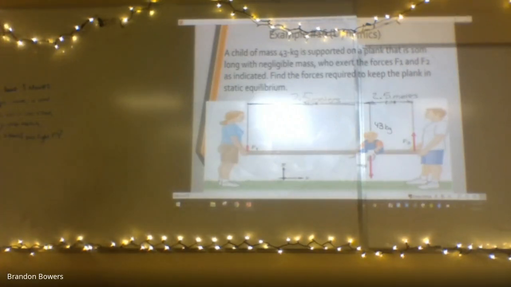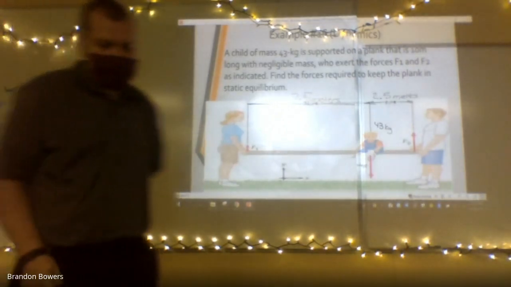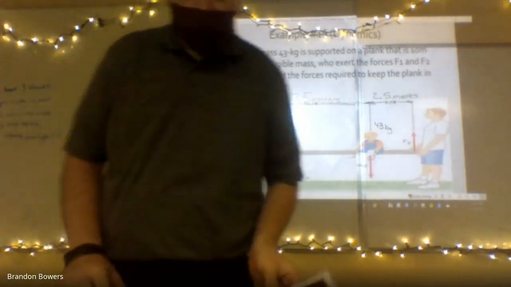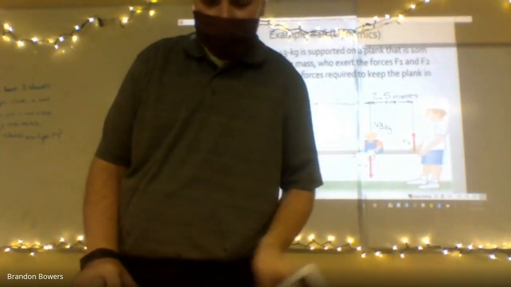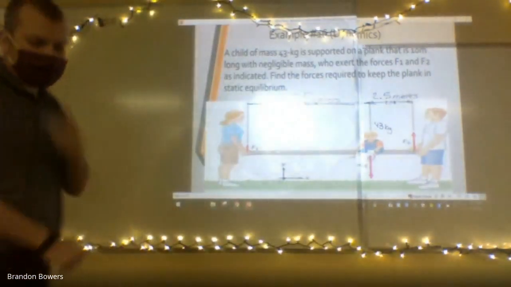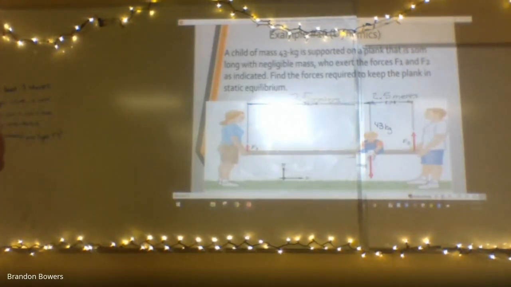Find the forces required to keep the plank in static equilibrium. Okay. So looking at this problem, we can put the axis point anywhere we want. Where should we put it?